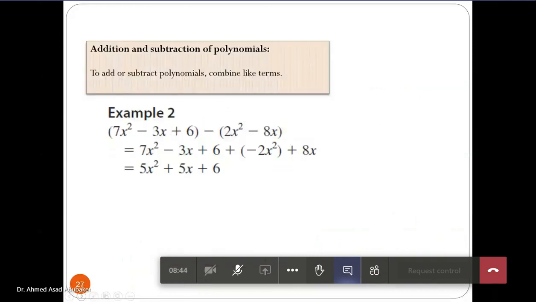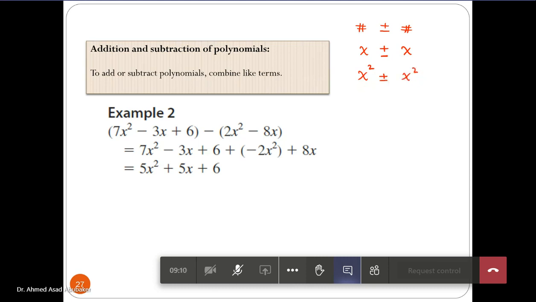Now, how can we add or subtract two polynomials or three or any polynomials? Look at this note. A number we can add or subtract with a number. Okay, x adds and subtracts with x. X squared adds and subtracts with x squared.